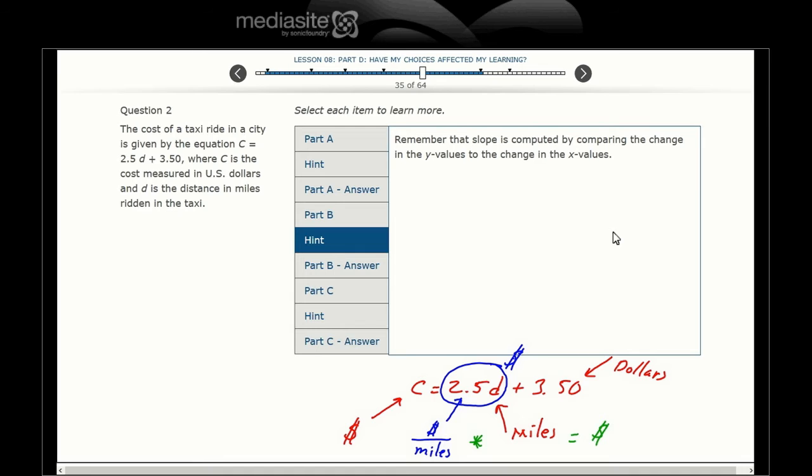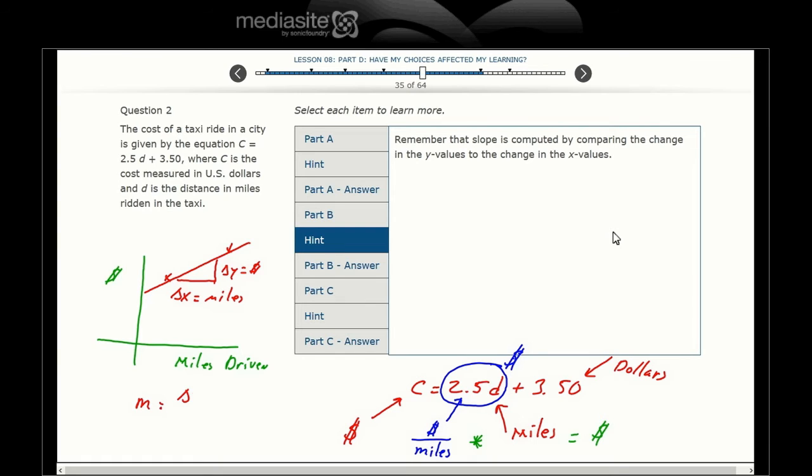So, another way of looking at it. Here's my miles driven, and this would be dollars. If I have 2 points, your delta y is in units of dollars, and your delta x is in miles.